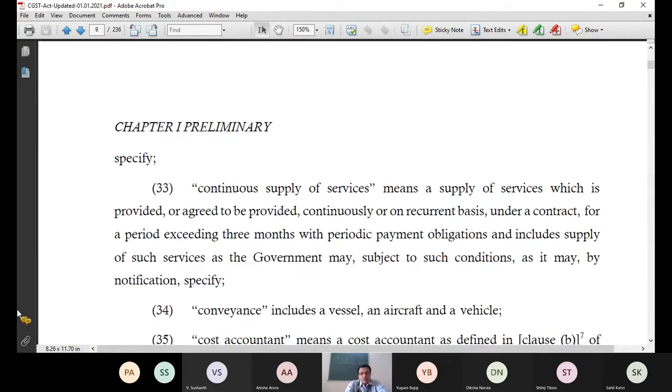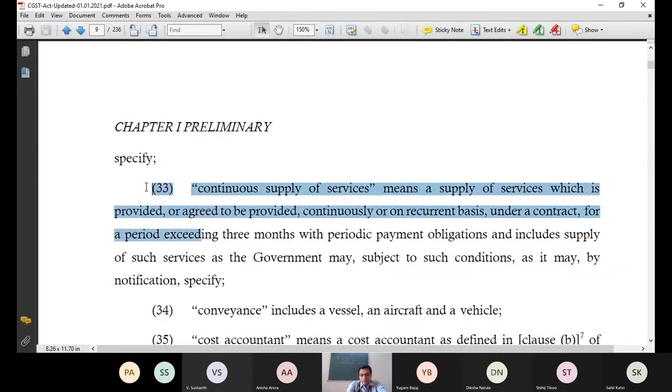The last is continuous supply of services, section 2, clause 33. Continuous supply of services means a supply of service which is provided or agreed to be provided continuously or on recurrent basis under a contract. Now these two lines are same. Then there is a difference: for a period exceeding 3 months with periodic payment obligation.